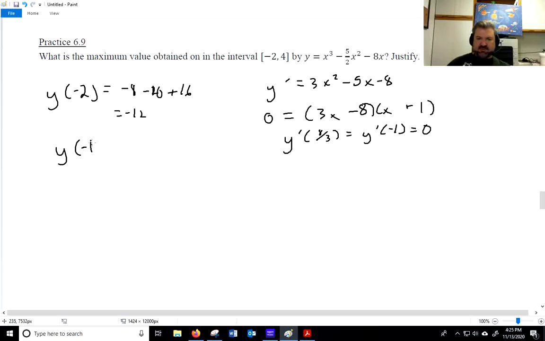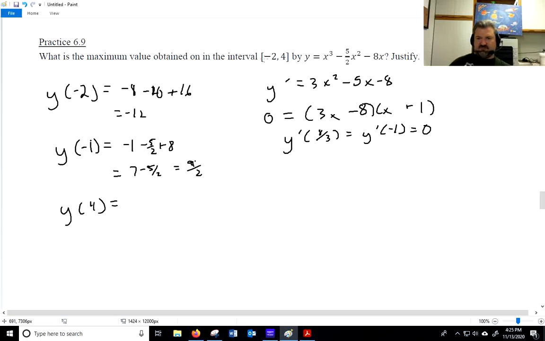I'm going to do -1 next. Bypass the 8/3 for a second. So -1 would be -1, and then it's going to be a -5/2, and then a plus 8. So that is 7 minus 5/2. So that's 14 over 2 minus 5 over 2 is 9 over 2. And I'll do the 4 next.